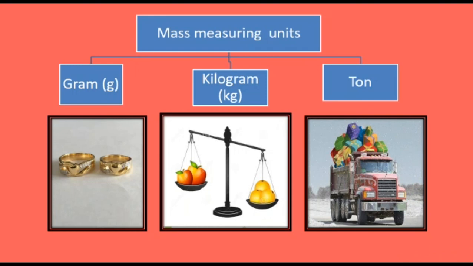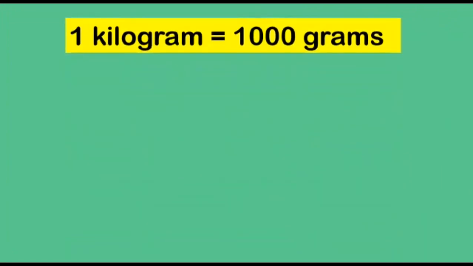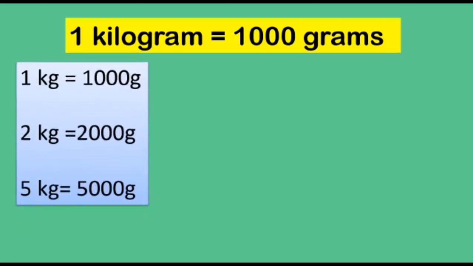What is the difference between kilogram and gram? Only 1 kilogram equals 1000 grams. For example, 1 kilogram equals 1000 grams. 2 kilograms equal 2000 grams.